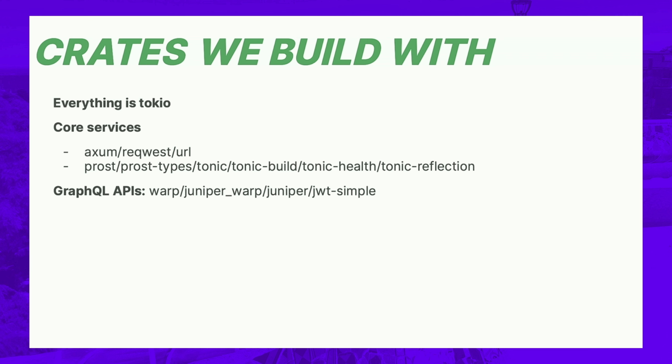So Juniper Warp it is, even though personally I have to say I find Axum more intuitive. For the WebSocket we use Warp, and that has been nice. WebSocket has been easy to use, no complaints about that.